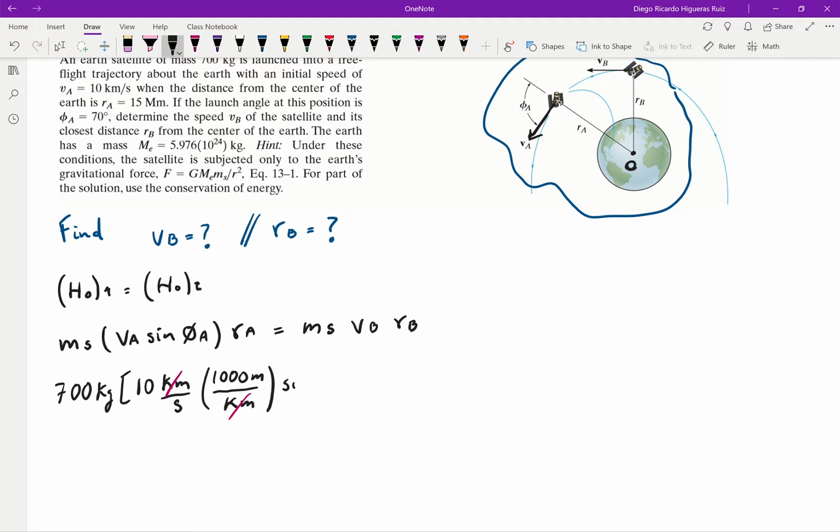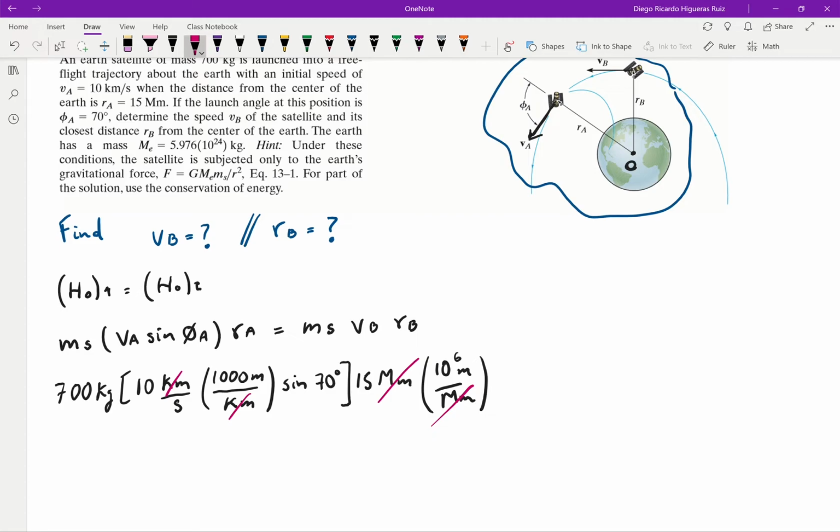And then we need to multiply that by sine of 70 degrees, right? And then we need to multiply by the distance, RA. That's gonna be 15 megameters. So we need to convert that to meters, where a megameter is a million meters.